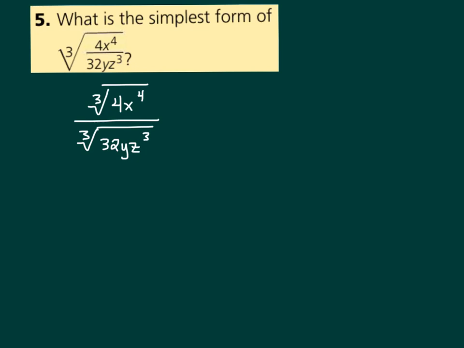We want to simplify this, and using the process from the last problem, we're going to get x times the cubed root of 4x all over 2z times the cubed root of 4y.